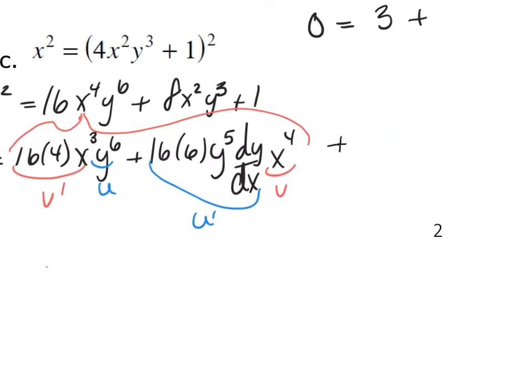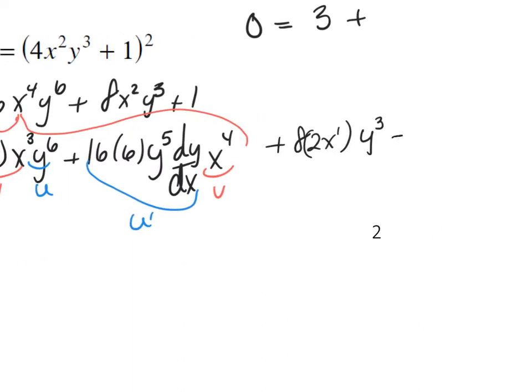Plus, now I'm going to do that second one in all of its glory. 8 times, I'm doing this with respect to x, so 8 times 2x to the 1, dx over dx, which is just 1, multiplied by y cubed. I'm doing the derivative of the second term with the product rule.